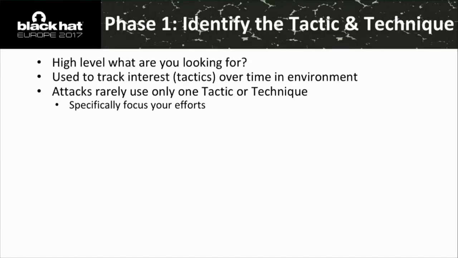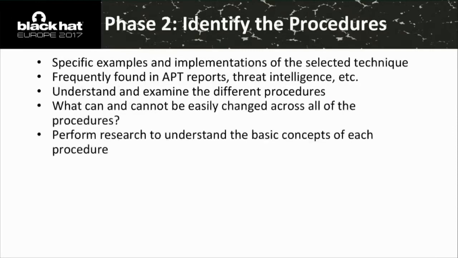It's changing that dynamic from the defender's dilemma of always having to be right to the attacker's dilemma, where they have to be evading all of these really good in-place defenses. So at this point, you have a tactic and technique, and you're going to be focused on one specific thing you're looking for. However, that technique is a non-prescriptive, broad way, so there's going to be some nuances and some tools and specific things. So phase 2 is identifying the procedures.